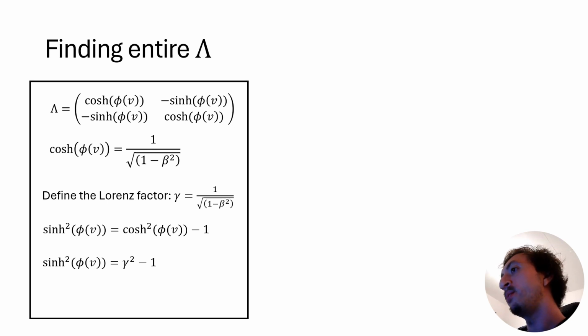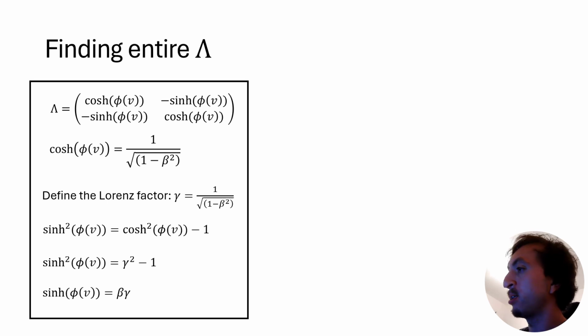Therefore, using this identity, but replacing cosine squared with just the Lorentz factor gamma, which is true by definition because of how we've defined gamma, we end up with sine squared phi equal to gamma squared minus 1. But if you look at the definition of gamma and work through algebraically what gamma squared minus 1 will be, you'll end up concluding that sine of phi would have to be beta times gamma.